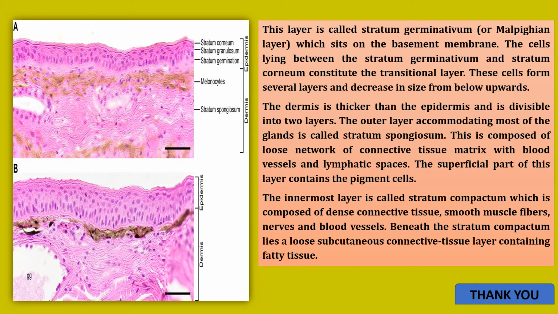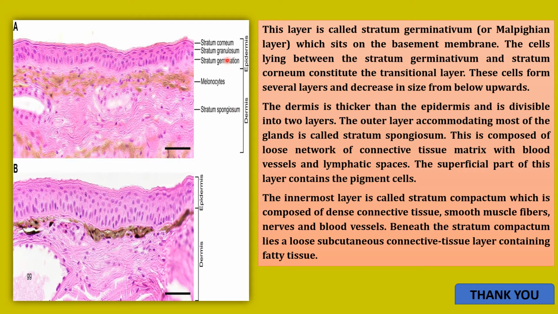As I started in the previous slide, I am continuing here that this layer is called stratum germinativum. In the previous slide I told you one inner layer is there that is called stratum germinativum or Malpighian layer. You can see in the diagram, one diagram has been shown over here.